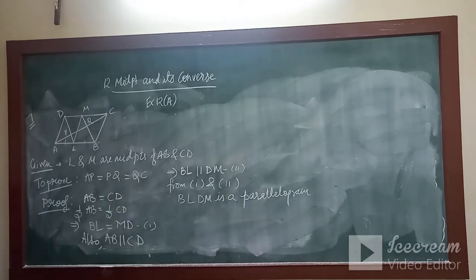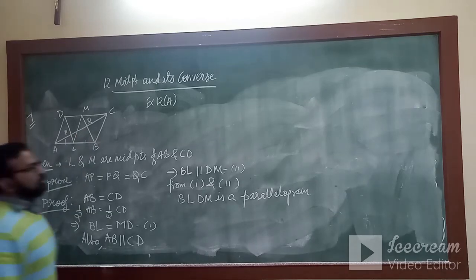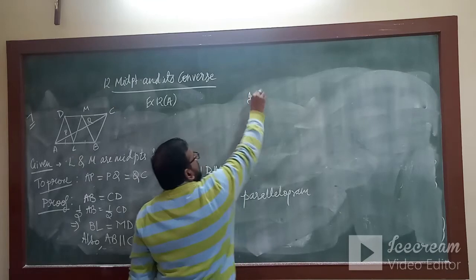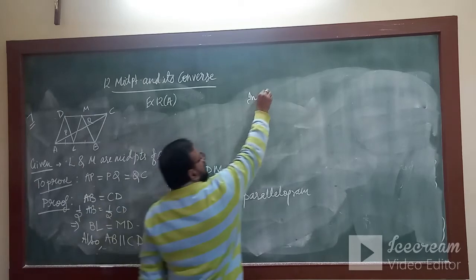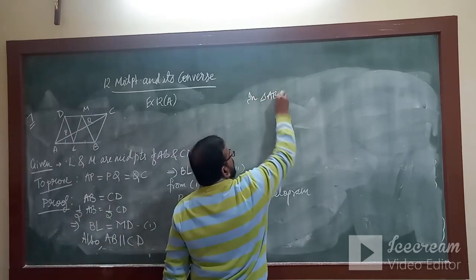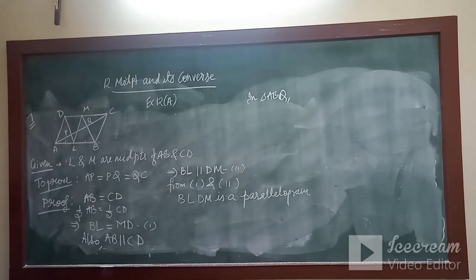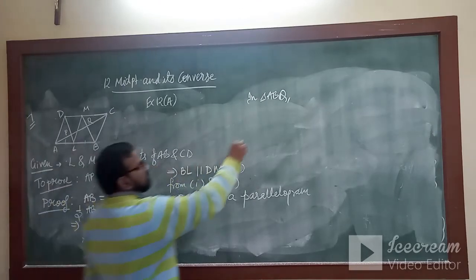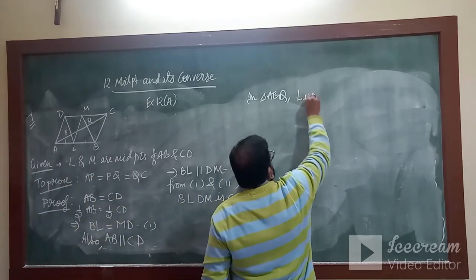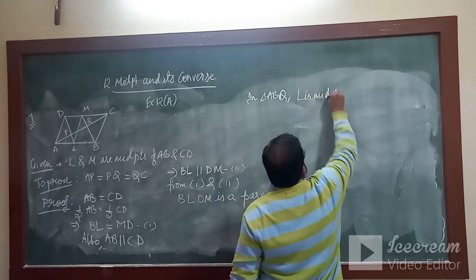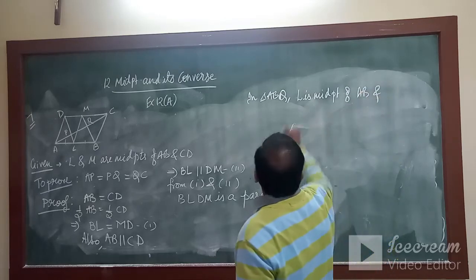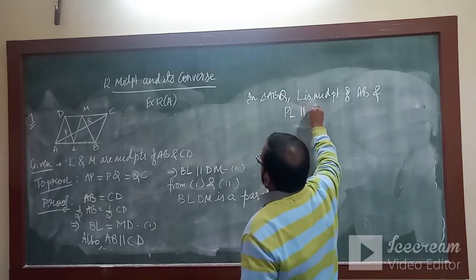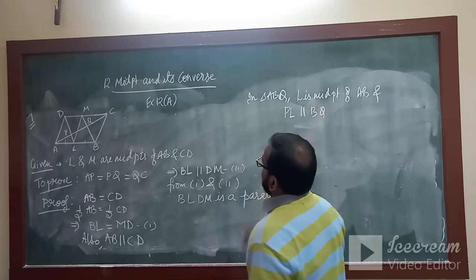Now we have to prove that these three parts are equal to each other. So what we are going to do? First we will take triangle ABQ. In triangle ABQ, what we know? L is the midpoint of AB, and PL is parallel to BQ, that we know.